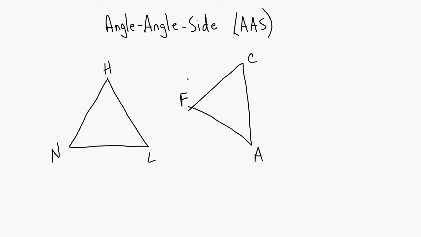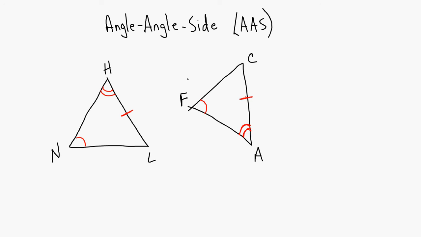So, if we go angle, angle, non-included side, side out by itself, we got to go angle, angle, side that touches the two marks. If it's angle, angle, and a side that touches the two marks, it's got to be angle, angle, side that touches the two congruence marks.